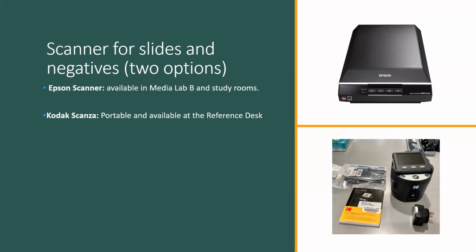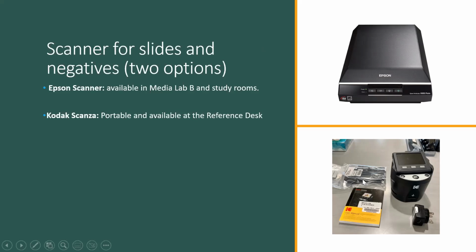Right now that's available in Media Lab B, but it's also available in all of our study rooms. So you don't even need to use the Media Lab to use this piece of equipment to scan. It is a little bit slower than I would like sometimes, but it does scan very good photos. So you can scan old negatives and slides, and it will convert it into a positive photographic image in digital form.